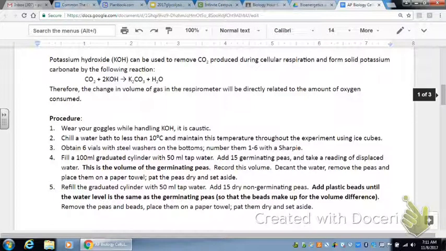So the general setup for a respirometer is that you're going to have a vial, and in the bottom of the vial, you're going to put a cotton ball.